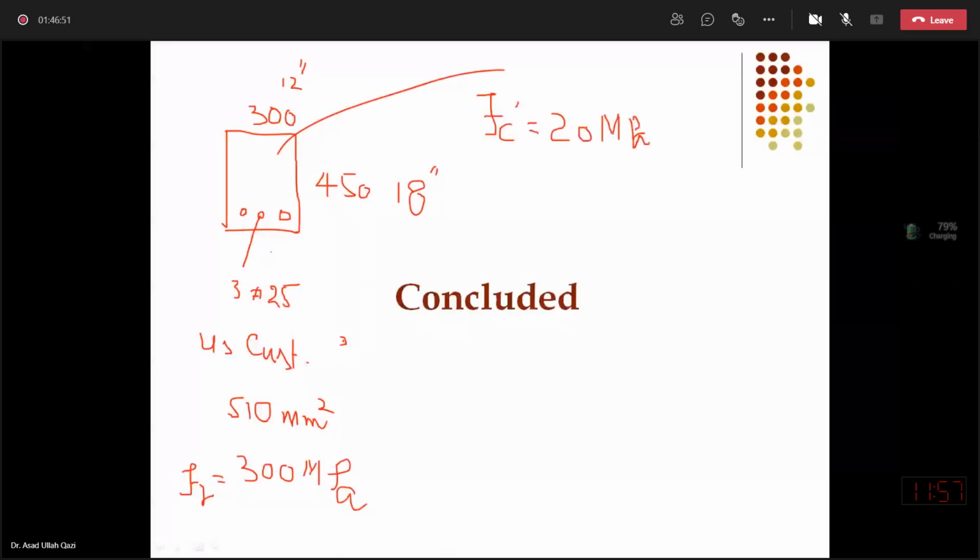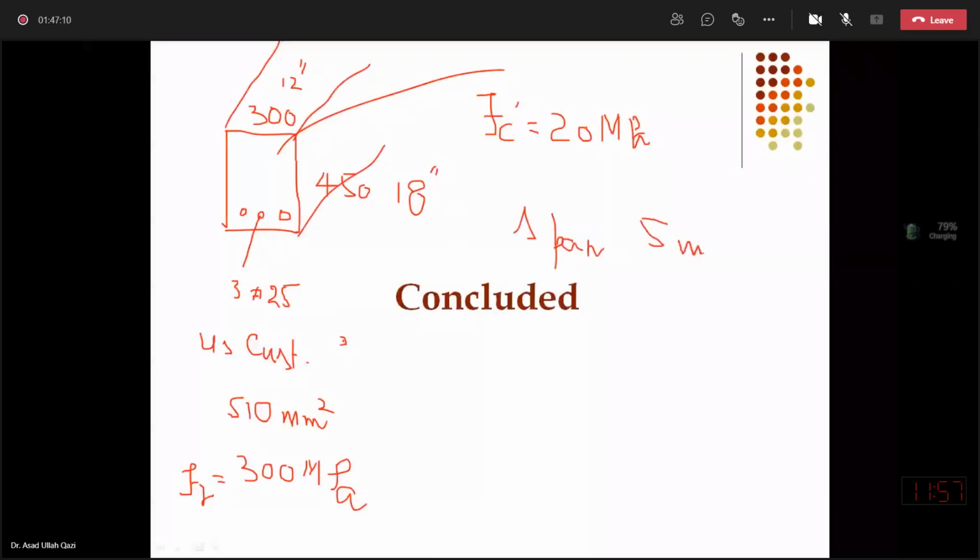And this beam has a span 5 meter. It is simply supported.